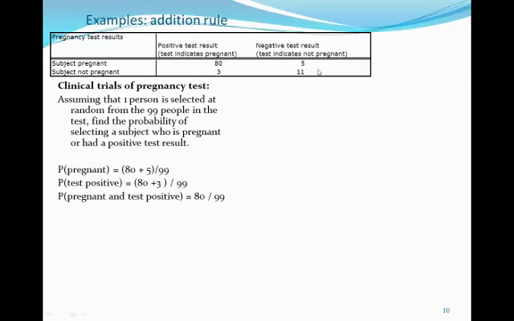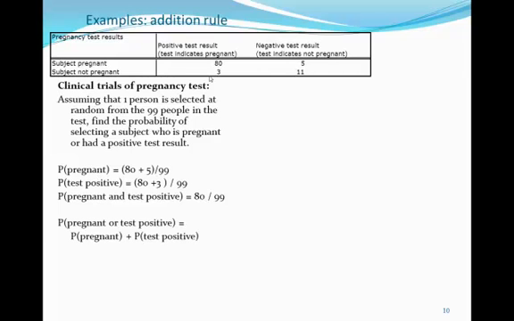And this 11 means subject not pregnant, and the result shows negative. So this 5 means subject pregnant, but the test result shows negative. And here the 3 means subject not pregnant, but test result shows positive. Which one is worse? Subject not pregnant and test result shows positive, or subject pregnant and test result shows negative? Think about it.